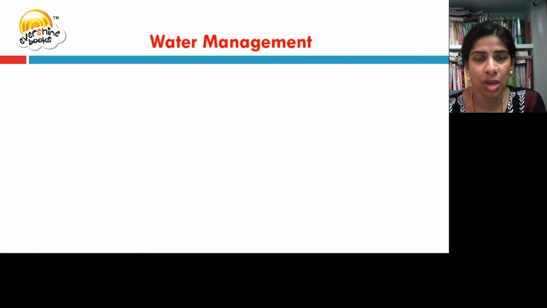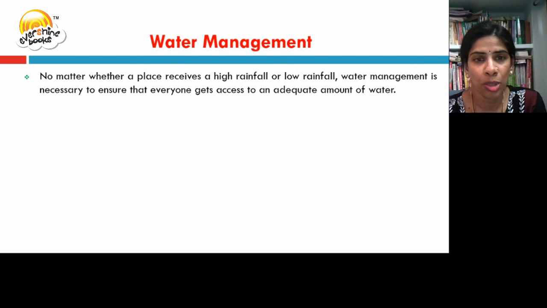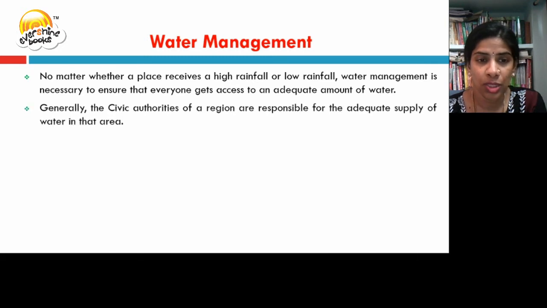Let us discuss how water management is done. No matter whether a place receives high rainfall or low rainfall, water management is necessary to ensure that everyone gets access to an adequate amount of water. Generally, the civic authorities of a region are responsible for the adequate supply of water in that area.